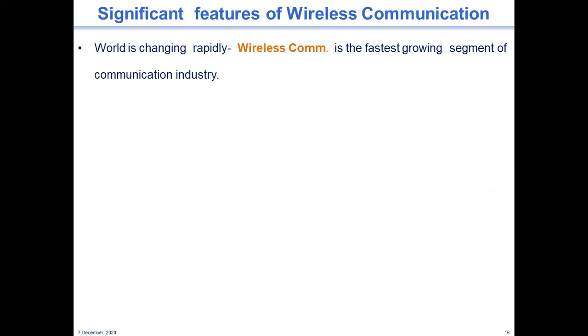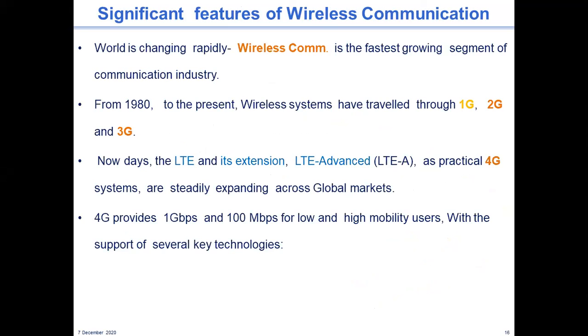And what are the problems associated with the current cellular systems? You can see here, from 1982 to the present, the development of wireless communication has gone through 4 generations.